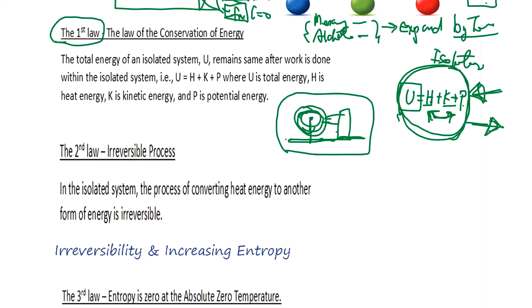People often say, oh, I designed a perpetual machine. What happens? Well, within this isolated area, total energy is the same, U. Now, it may be spinning. That's kinetic energy, but it has friction, so it generates heat energy.